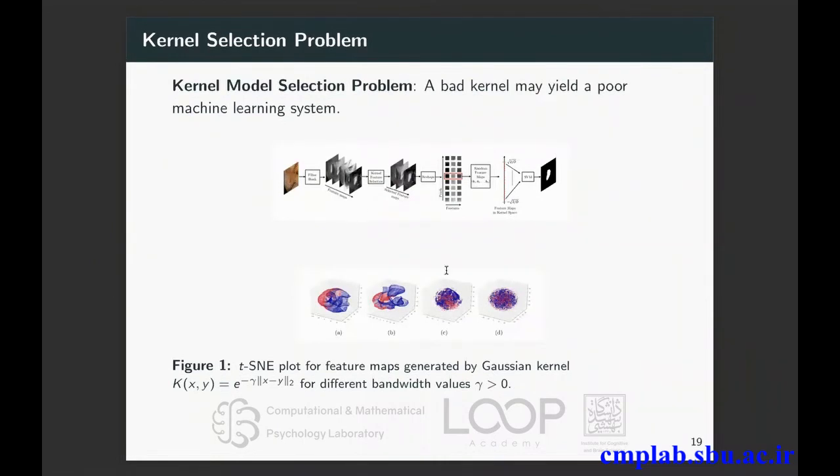You can assume that the red pixels are the background region, and the blue are the specific region that we would like to segment. If I choose a good parameter for the kernel, the discrimination is very easy. I can use a hyperplane to separate the red and blue regions, and I get very good segmentation results. But for bad choices of bandwidth, I get a very inaccurate classification result.